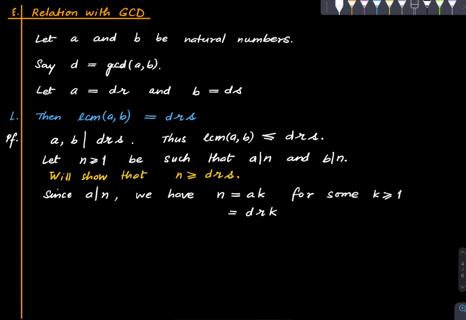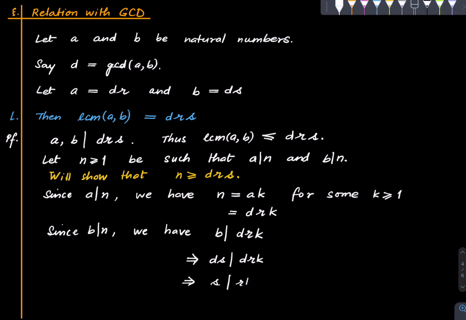And now since b divides n, we have b divides drk, because n is equal to drk. This means ds divides drk, which means s divides rk. But now the GCD of r and s is 1.